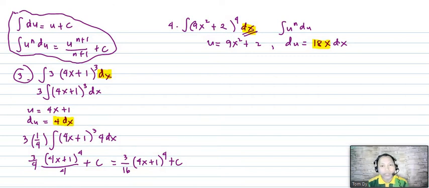However, this one, if this is dx and this one is 18x dx, you have here a number and then you have here the variable x. If this is the case, you are not allowed to use this formula, because if you use this formula, your u is 9x squared plus 2 and du is 18x dx, which is different from this one.